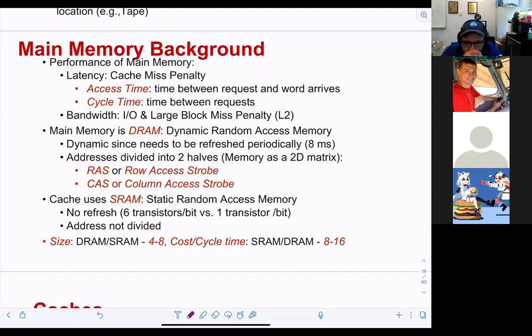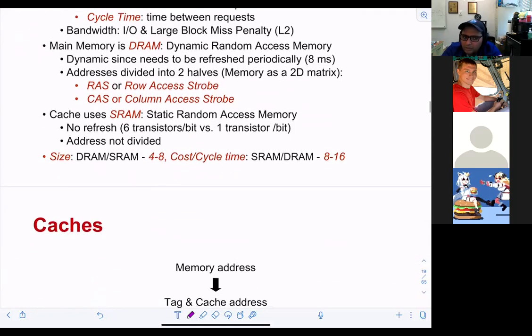Normally DRAM takes 4 to 8 clock cycles per access, and SRAM takes 8 to 16. And SRAM, as I told you, costs 6 to 8 transistors per bit, while a DRAM cell is just 1 transistor. I just need the metal oxide there.